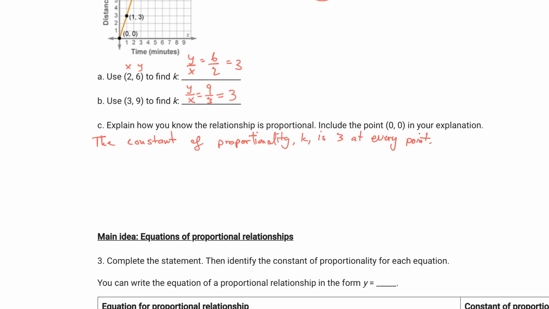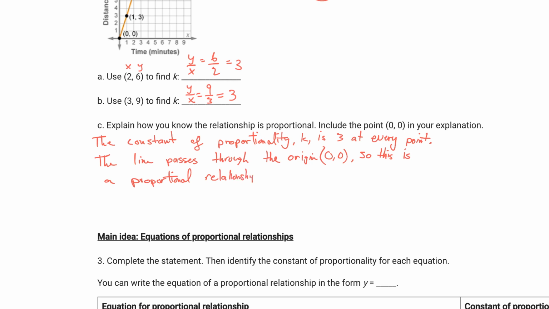The line passes through the origin, which is 0, 0. So this is a proportional relationship. That spells it out for you right there.